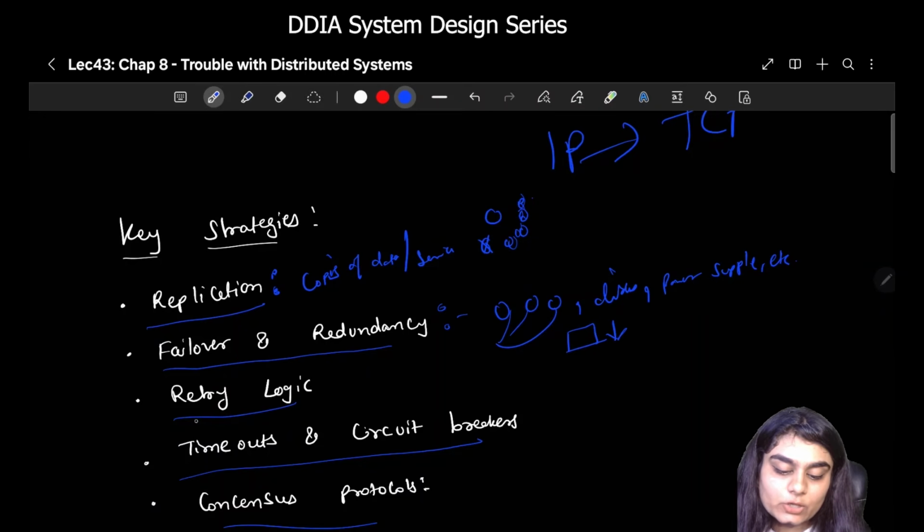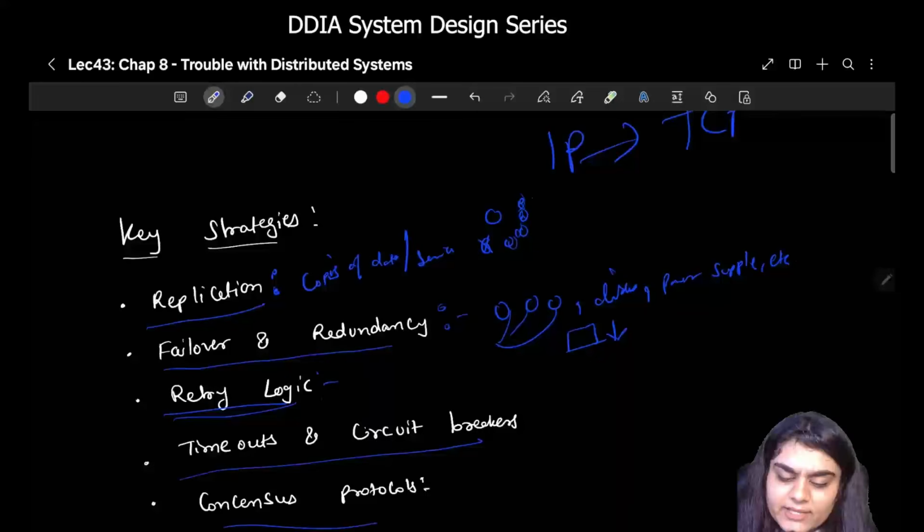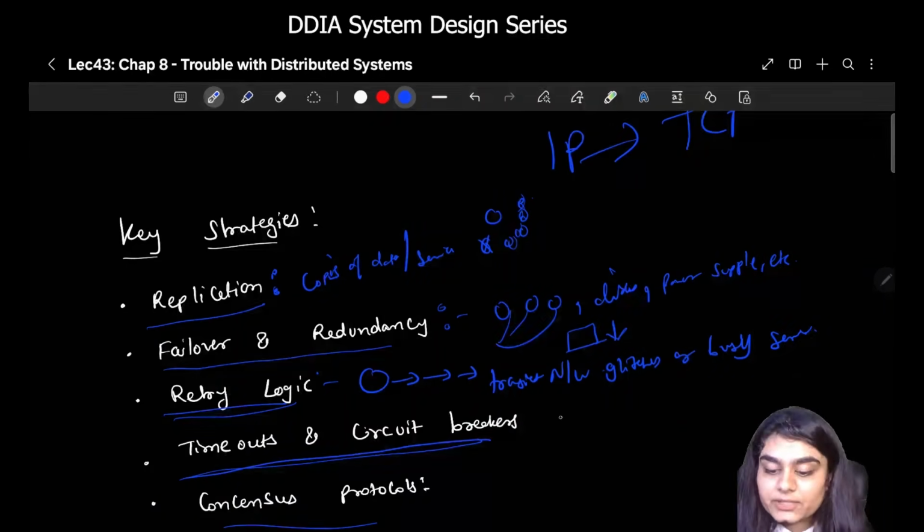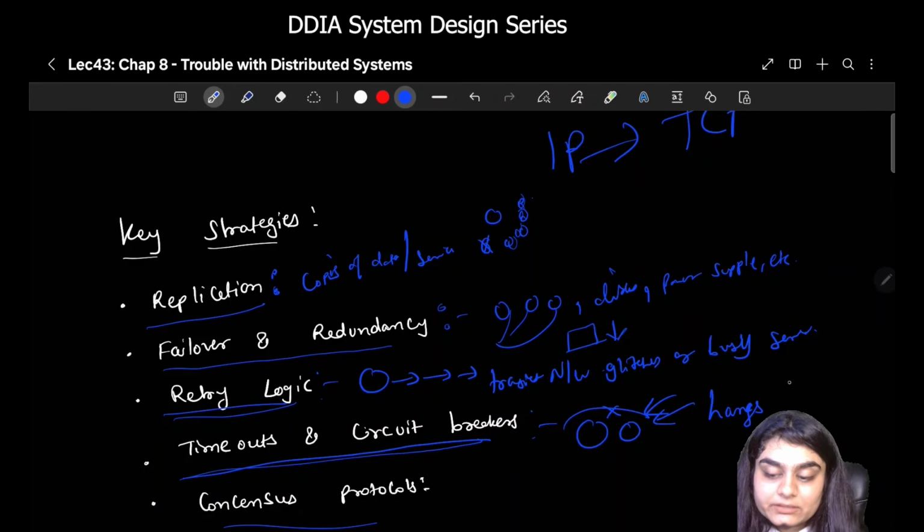Another is retry logic: automatically retry operations that might have failed due to transient network glitches or busy servers. Another is timeouts and circuit breakers. This quickly gives up on unreachable nodes to avoid cascading hangs, and backs off to prevent overload.